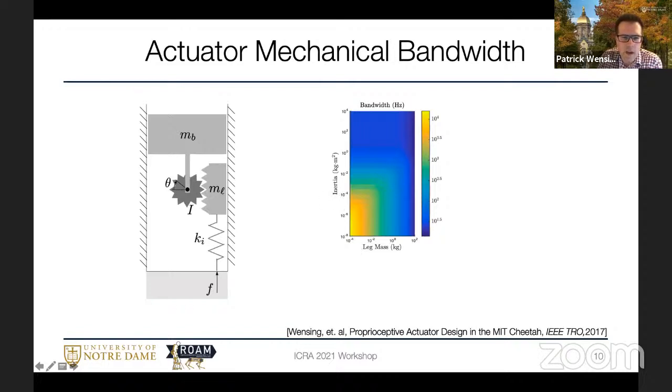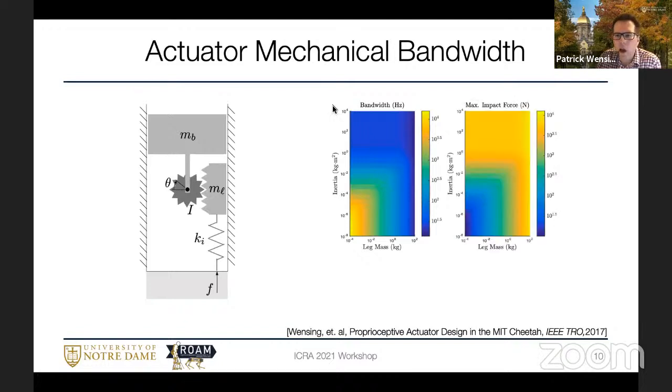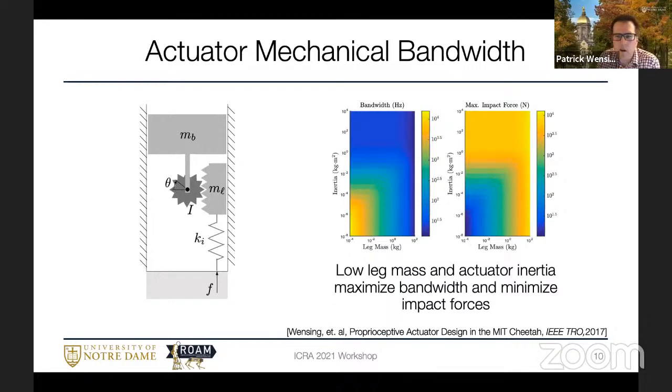In a similar vein, if we take this system and pull it up in the air and drop it down and look at the maximum force that we see during an impact, blue here is lower, so low leg mass and low inertia lead to the lowest impact forces. So from this simple analysis, low leg mass and actuator inertia maximize bandwidth and minimize impact forces.